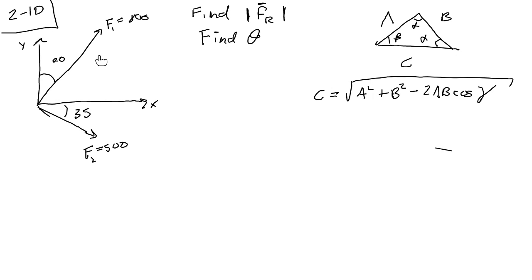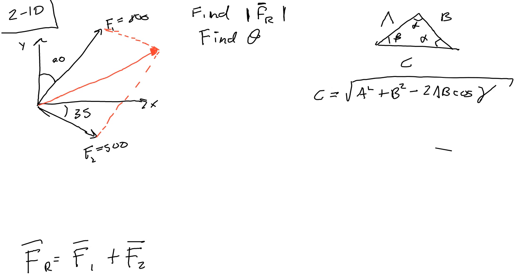So using again a parallelogram method, because we're adding these two vectors up, F1 plus F2, using a parallelogram method to draw out how that'll look. Draw this red line that's parallel to F2. Draw another line that's parallel to F1. And then starting from the center here, the other end is the resultant force.